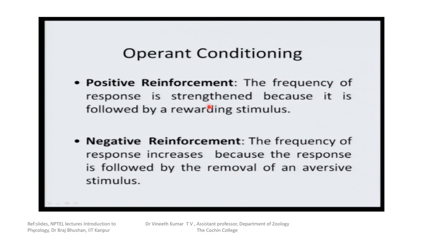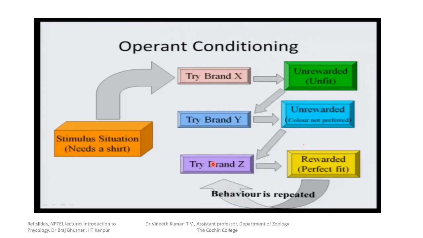So these are the two examples of positive reinforcement and negative reinforcement, and these two can be seen in operant conditioning.